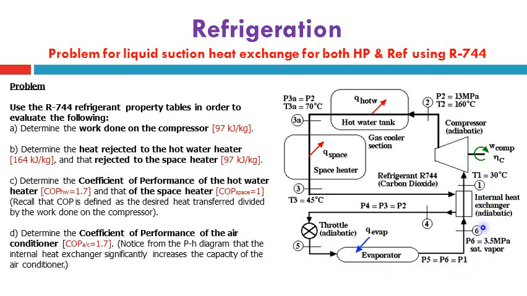As mentioned, the liquid suction heat exchanger does not change the pressure, or only slightly, which is neglected compared with the lower pressure limit of the cycle, starting from here, and the higher side pressure, located from the discharge of the compressor through the gas cooler section and then the liquid suction heat exchanger until it reaches this throttle device, which may be used as an expansion device. We will go now to the next slide to continue this problem.